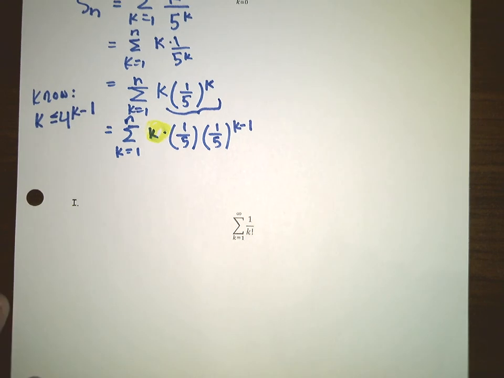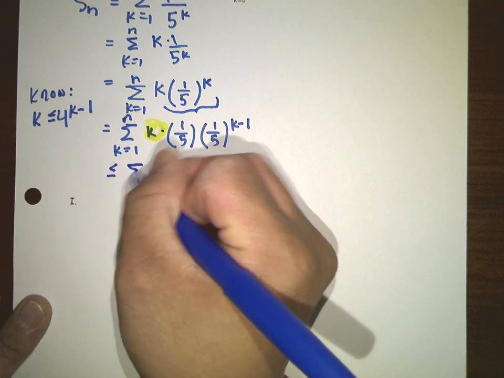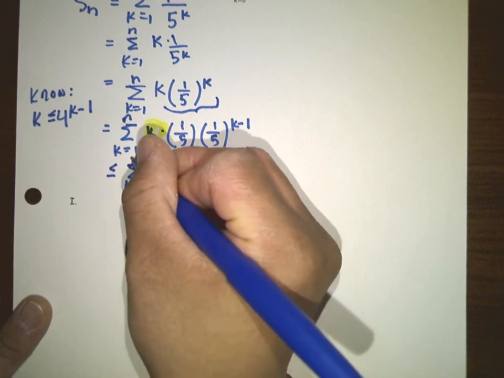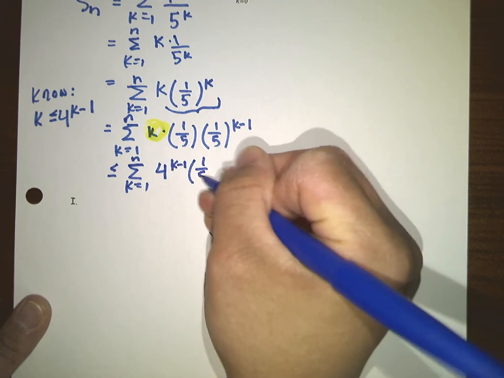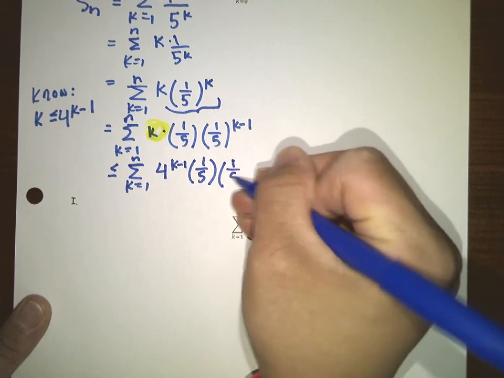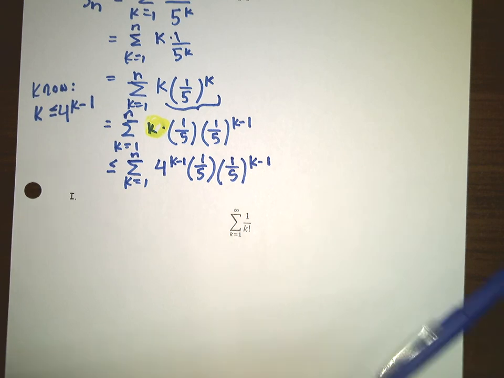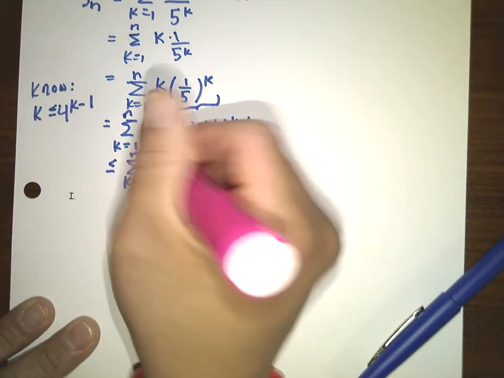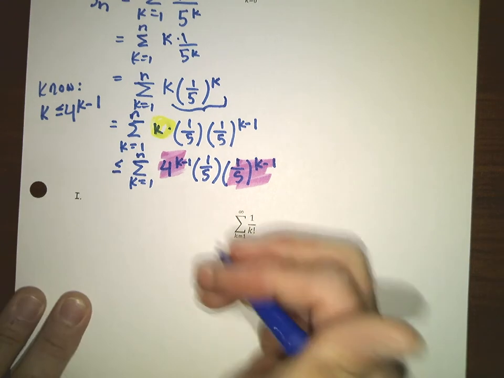All right, so just add that to the list of things to memorize for the rest of your life, and then you'll be fine. So this will be less than or equal to sum k equals 1 to n of 4^(k-1) times 1/5 times (1/5)^(k-1). And then if I combine 4^(k-1) times (1/5)^(k-1), that will be (4/5)^(k-1).